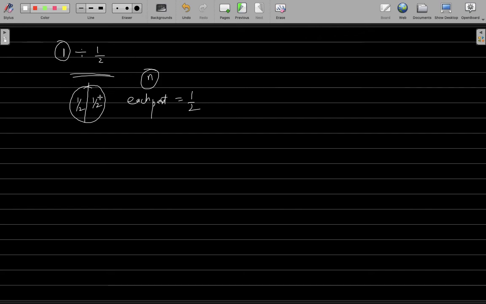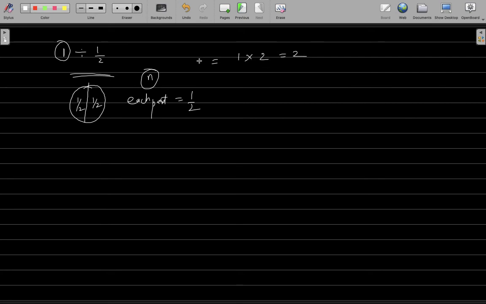So when you are dividing 1 by 1 by 2, what I mean is we want to divide the whole into a number of equal parts such that each part is half of the whole. That is possible only when you have 2, isn't it? That is the reason. How do you get 2? 1 times 2 will give you 2.